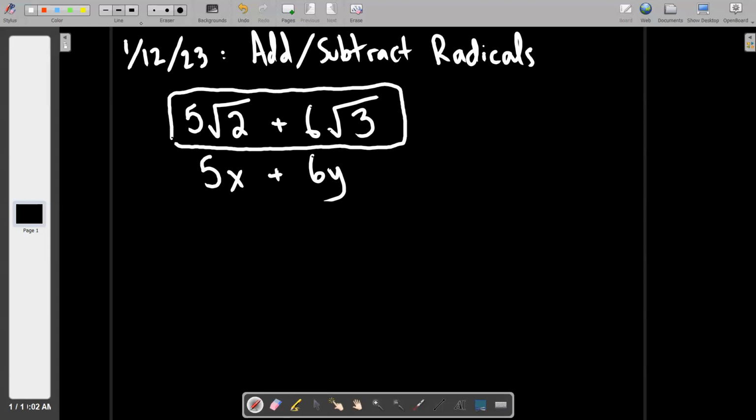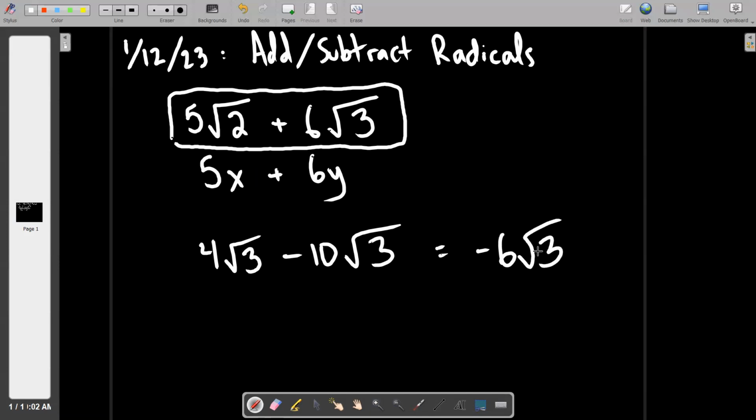So today's lesson really revolves around how do we make radicals so that they're compatible with each other, right? So if I had something like 4 roots of 3 minus 10 roots of 3, I can do that now, right? Those radicals are the same. What would we get? You'd get -6 roots of 3. Right.